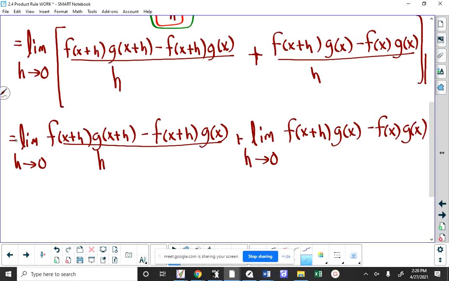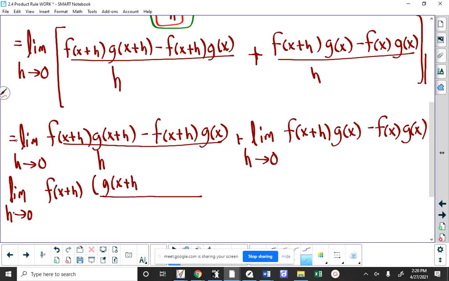In the first limit argument, on the top, there is a common denominator of f of x plus h. I'm going to factor that out. Limit as h approaches 0 of f of x plus h times g of x plus h minus g of x all over h.